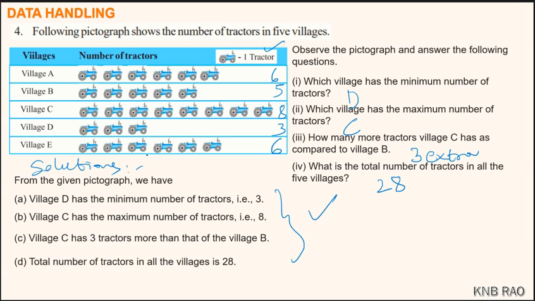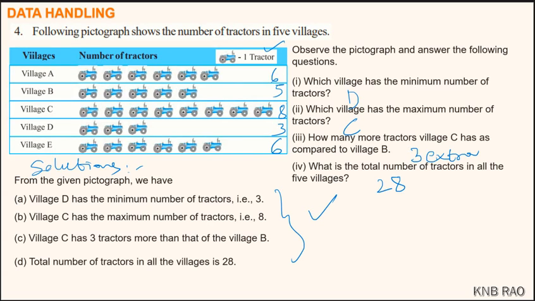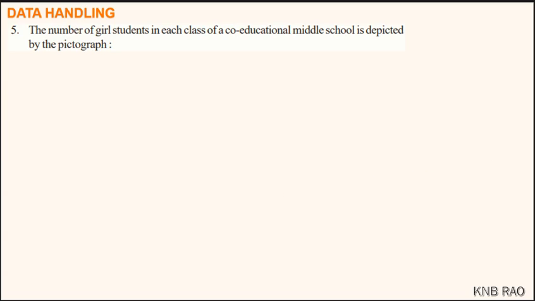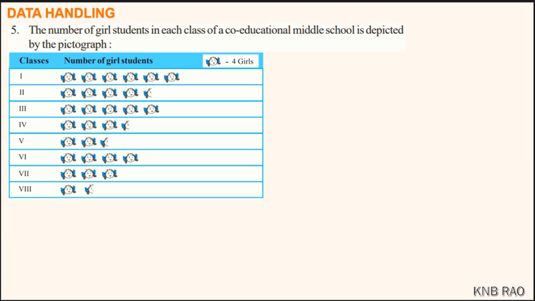Okay children, next, here 28 total tractors are there. Coming to question number 5: the number of girl students in each class of a co-educational middle school is depicted by the pictograph. Here, from 1st standard to 8th standard, each girl face indicates 4 girls.